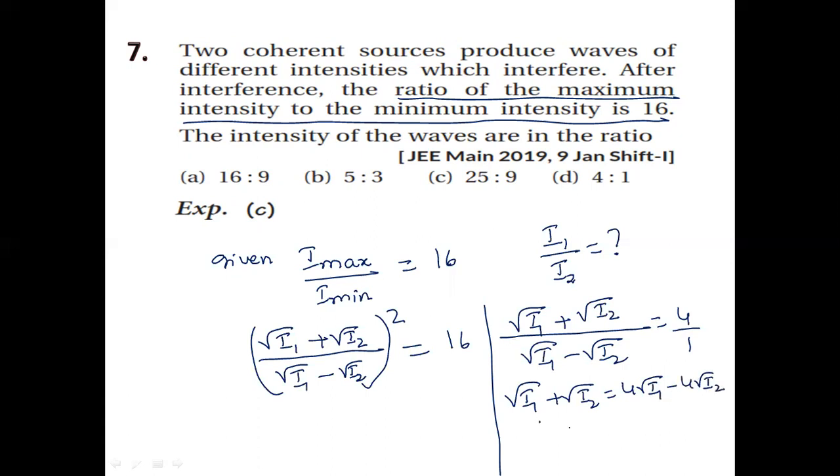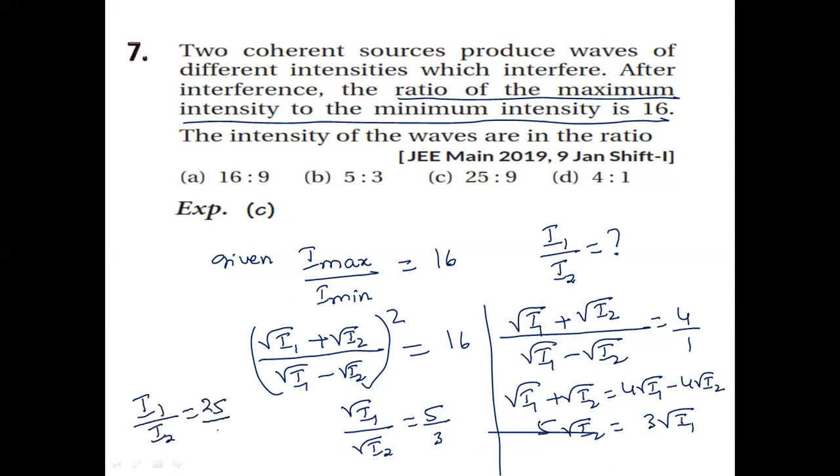That is 5 root I2 equal to 3 root I1. So root I1 by root I2 is equal to 5 by 3. So I1 by I2 I can write as 25 by 9. That is option C. Completed.